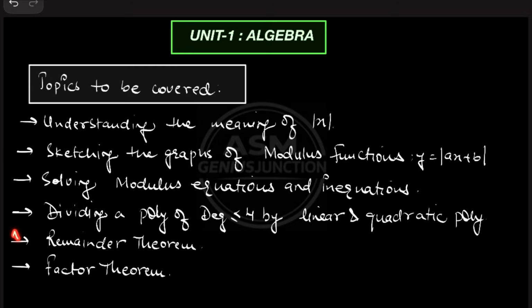We will also learn the use of the remainder theorem as well as the factor theorem, how we need to apply these two theorems and what type of questions come up in the examination from these two topics. This is also a very important part.